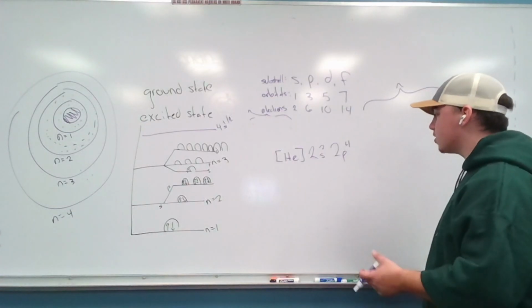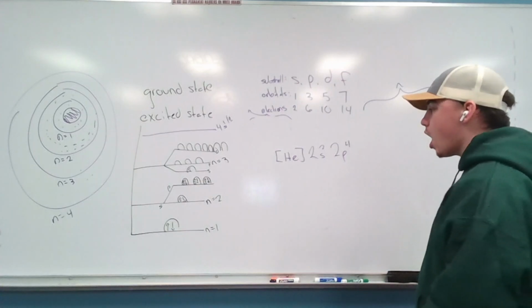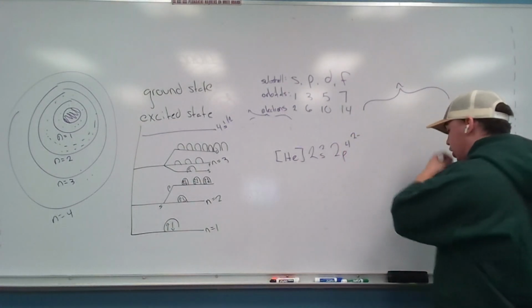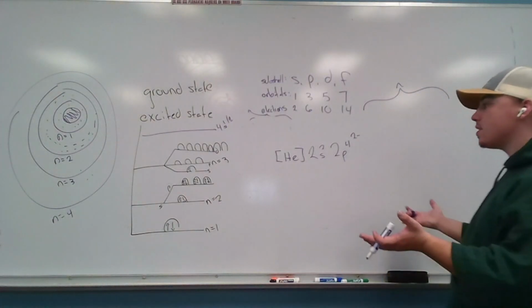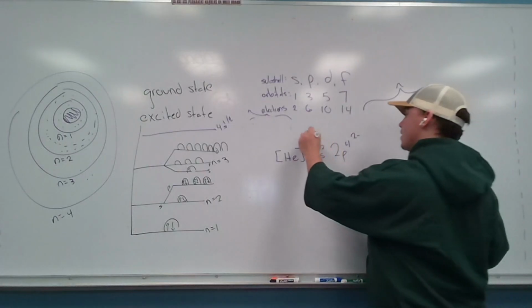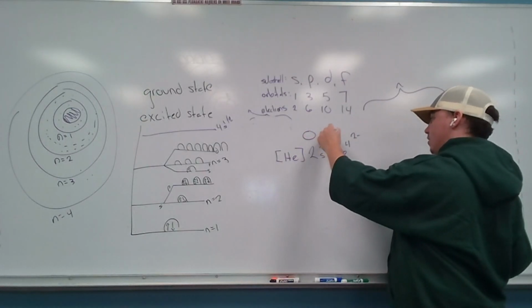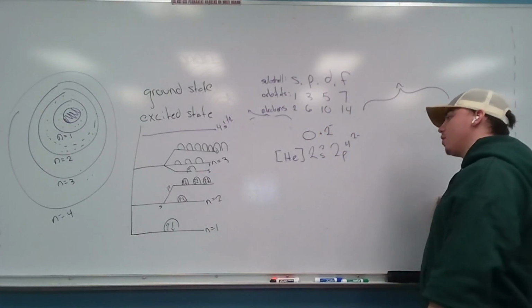But I'm going to speak in terms of we just kicked an electron out or brought another one in. So let's say O2 minus, which means it has a charge of -2. Every charge is going to be an electron, which means that our oxygen is going to have 2 more electrons.